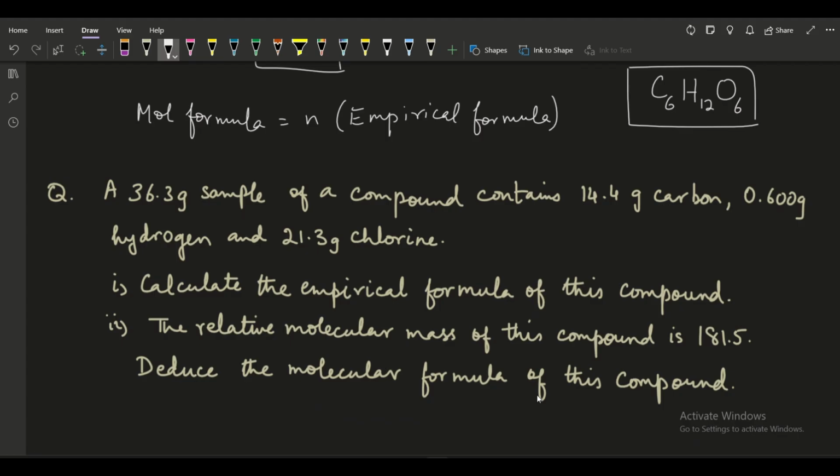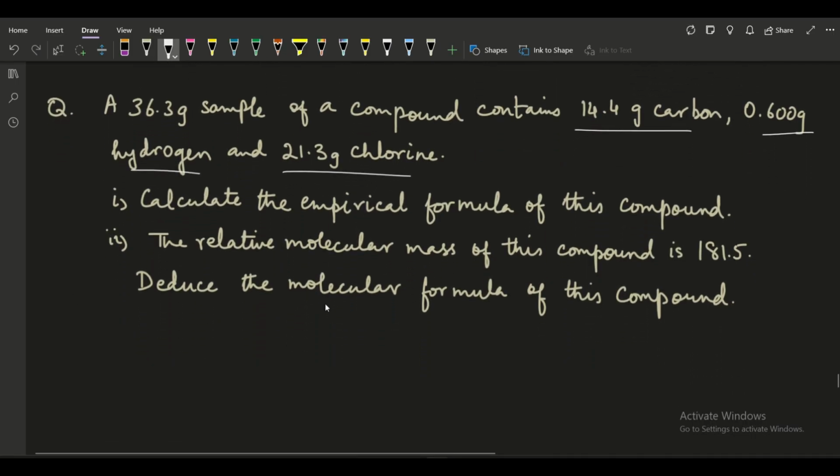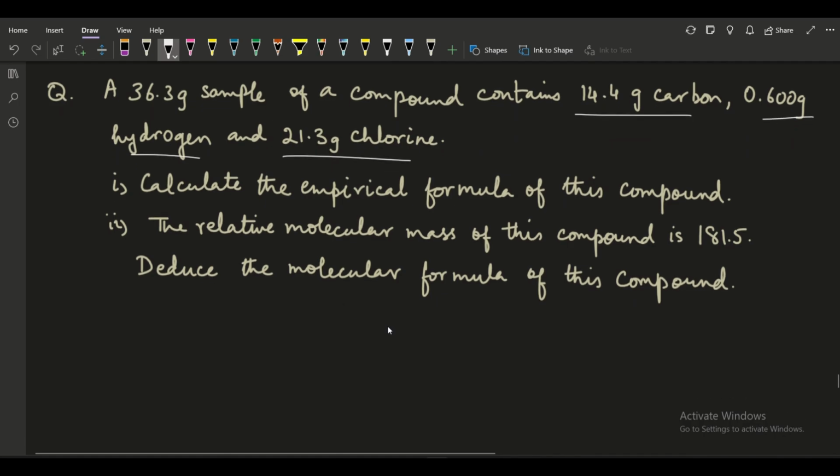It is that a 36.3 gram sample of a compound contains 14.4 gram of carbon, this much gram of hydrogen, and this much chlorine. So that means we will write over here carbon. We are given the mass in gram of carbon, hydrogen and chlorine.